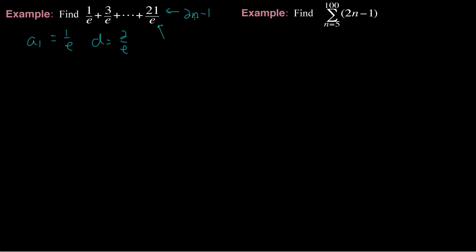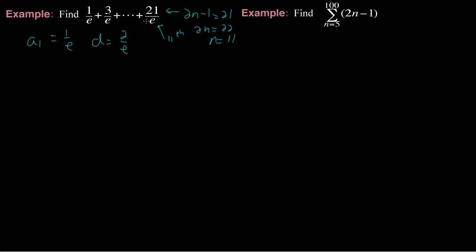If you plug in numbers for n, you will get results that are only odd numbers. Well, which n value produces 21 in the end? 2n is 22, n equals 11. So if you count it up, this would be the 11th term.